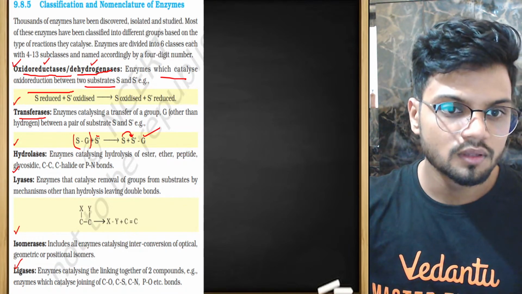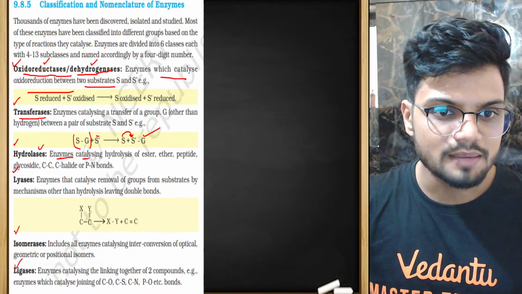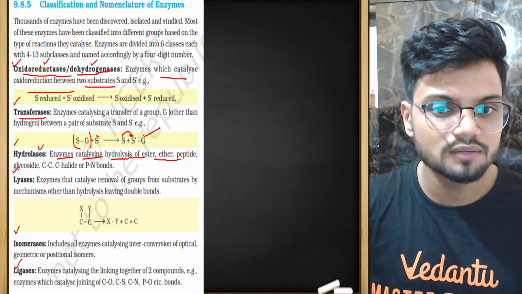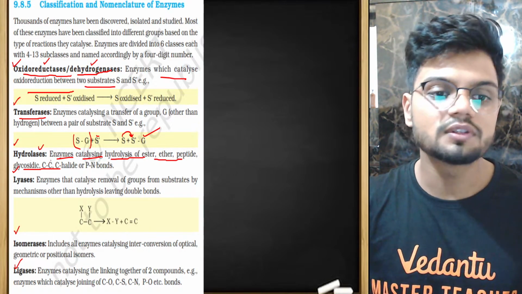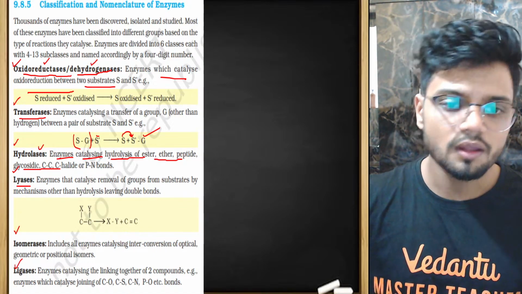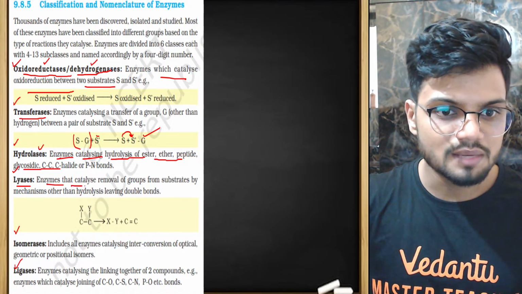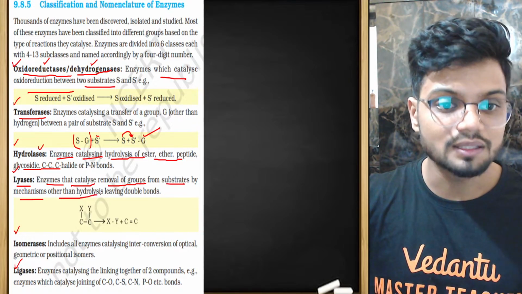Now, what is hydrolase? Hydrolase enzymes catalyze the hydrolysis of ester, ether, peptide, glycosidic bonds. So it is breaking the bond with the help of water. Lyase: enzymes that catalyze removal of a group from a substrate by mechanisms other than hydrolysis.